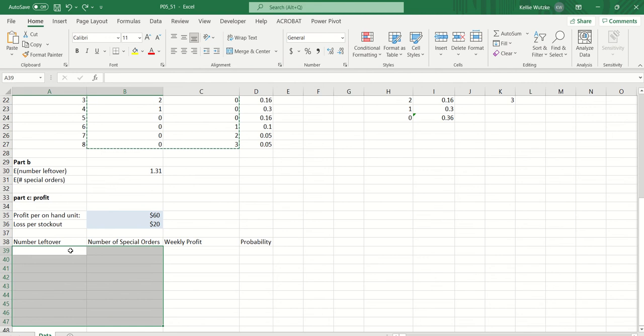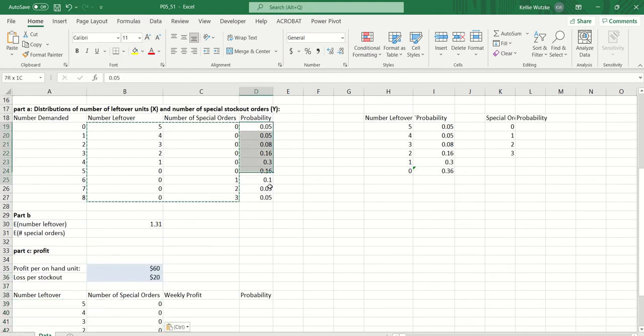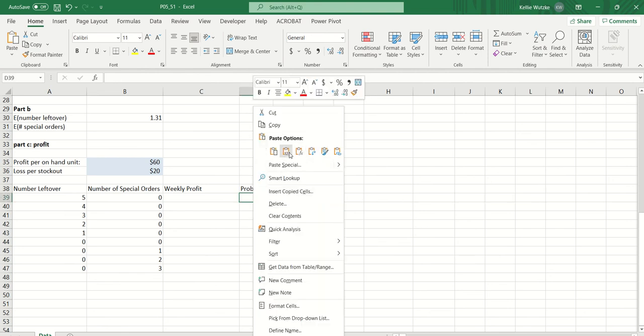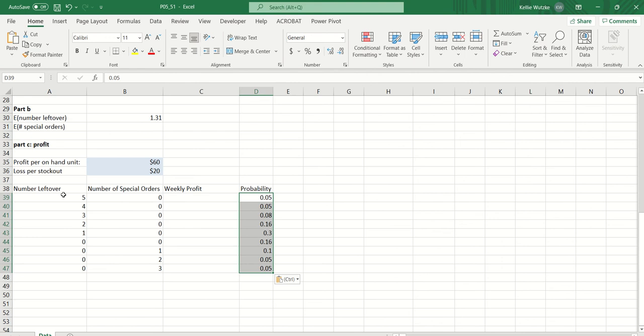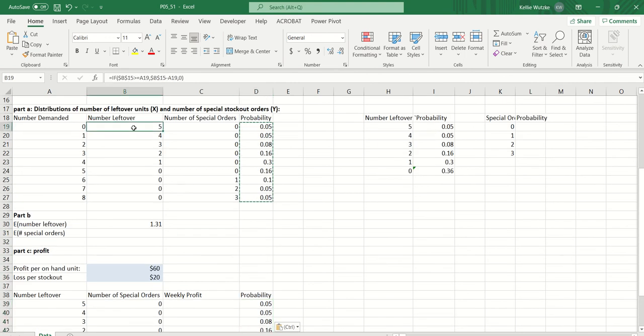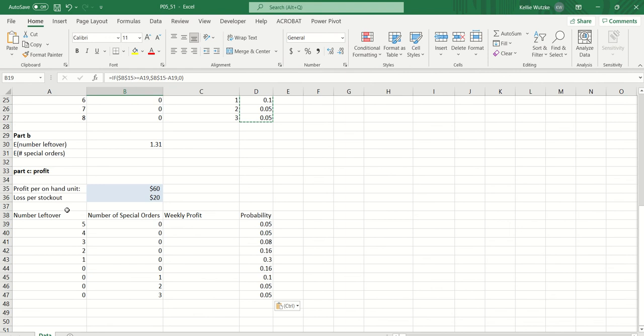Oh, I need to paste those as values. And then my probability is going to be the same. And I'm right-clicking and then pasting as values to prevent errors. The reason this didn't work before is because these formulas, it didn't like the copy paste, but that's okay.